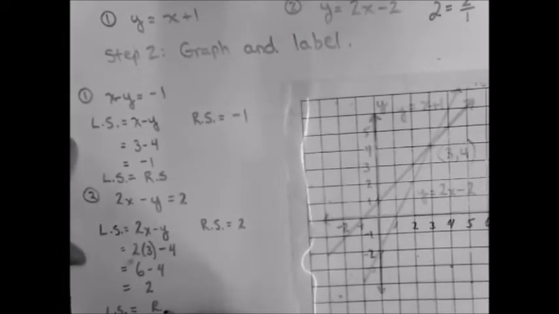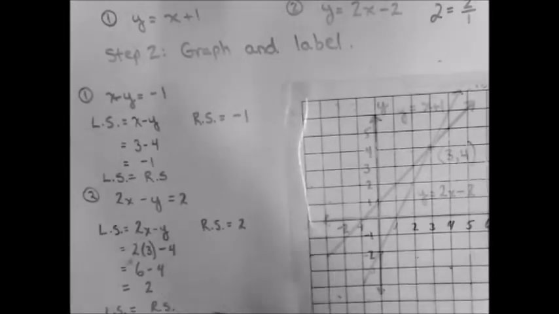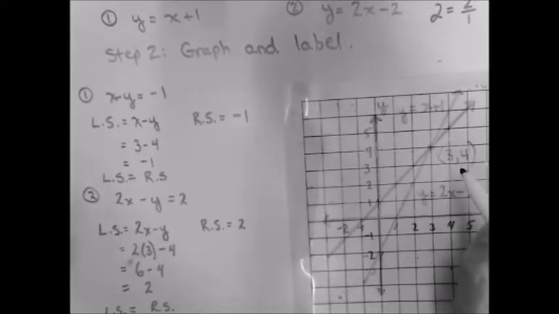We'll work that through. That's 6 minus 4 equals 2. Therefore, the left side equals the right side, and we've determined that the point 3, 4 is on both lines, meets the requirements for being on both lines. It satisfies both equations. So the point 3, 4 lies on both lines.